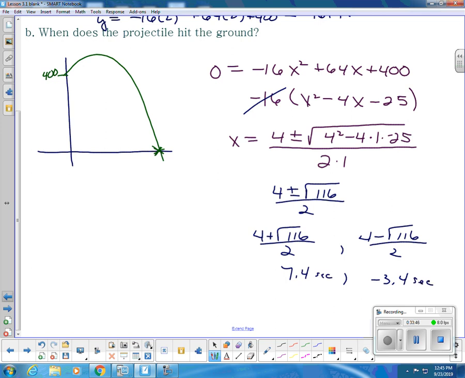Okay, there's our two answers, 7.4 and negative 3.4.